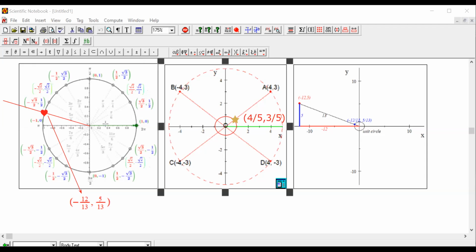And what is it? Well, for this one, if you want to fit it on this unit circle, it used to be invisible, so now I'm going to make it visible. It's right here. And there's a crossing. I'm going to put a heart on it. It's right there.